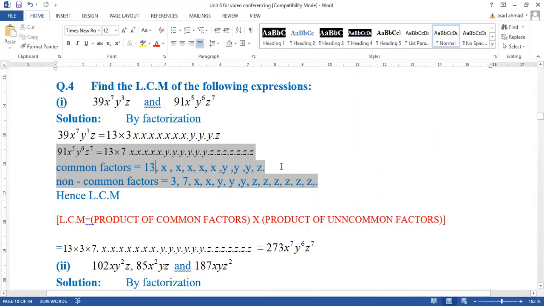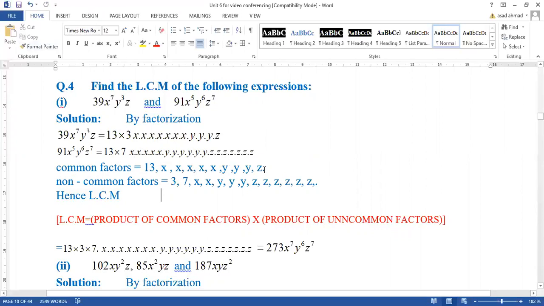So 13, and then see that the common part in both of these numbers is 13. X to the power 5, because the least power is taken as common. Similarly, y to the power 3 and y to the power 6, we will take out y cubed as common, and z to the power 1 and z to the power 7, we will take z as common factor.